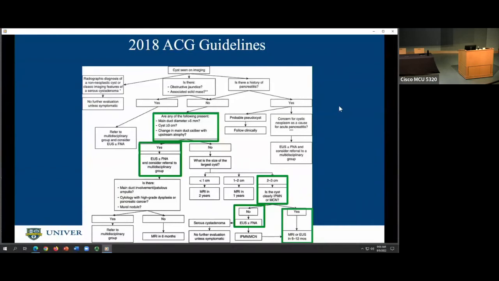And for 2 to 3 centimeters, if the cyst is clearly an IPMN or a mucinous cyst, then you can do an MRI or an EUS in 6 to 12 months. And the main thing is that these patients are followed by a multidisciplinary pancreas team, including the surgeons, should the patient require a surgical intervention.